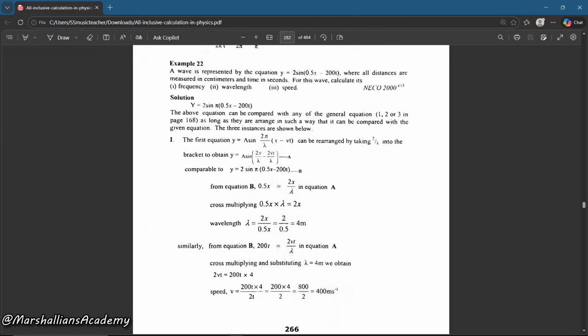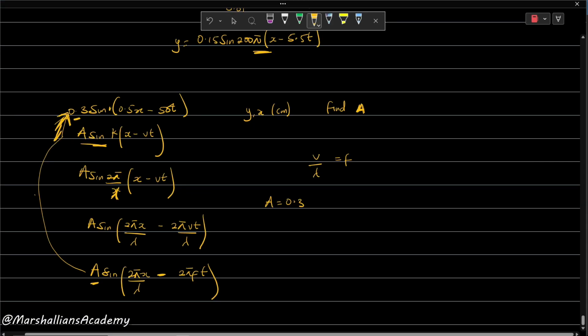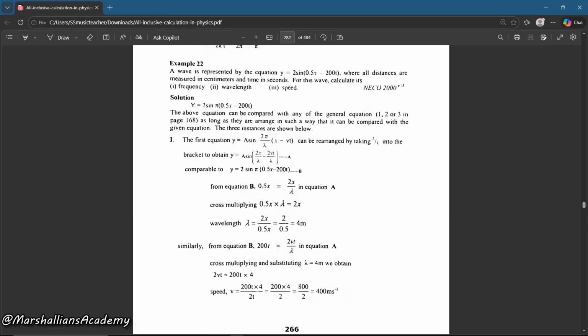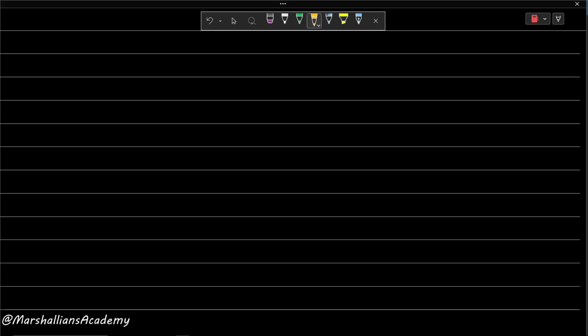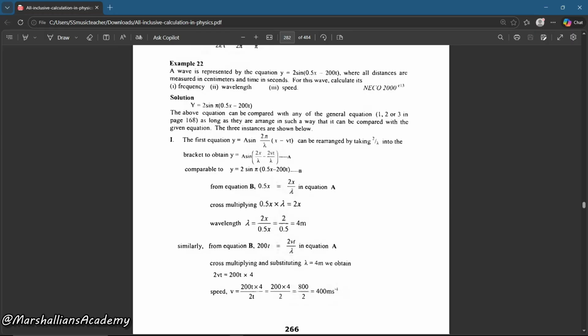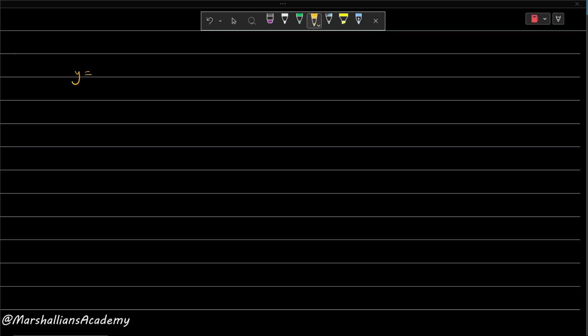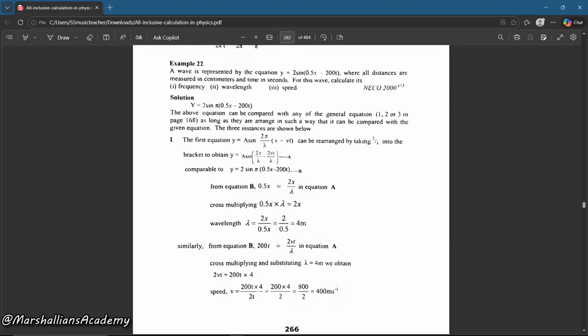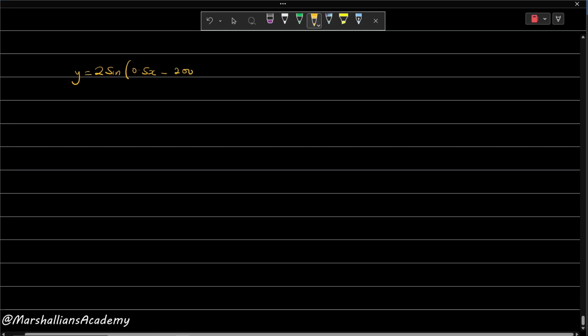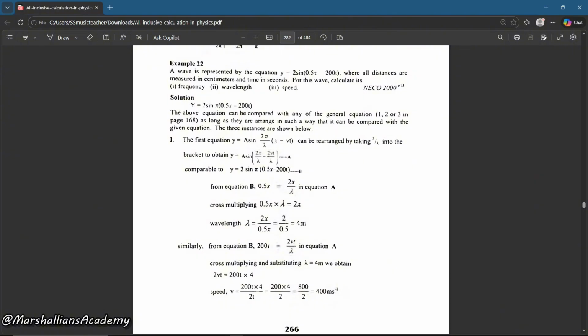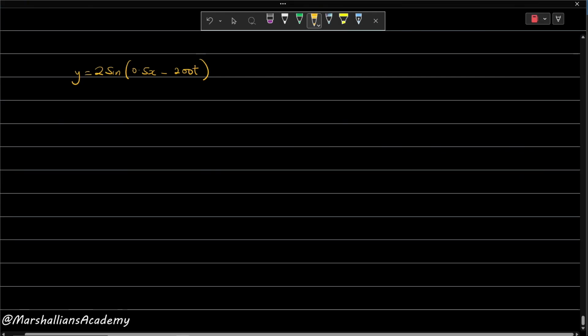It said a wave is represented by the equation. So let's take down the equation of the wave. Y is equal to 2 sine (0.5x minus 200t), where all distances are measured in centimeters and time in seconds.